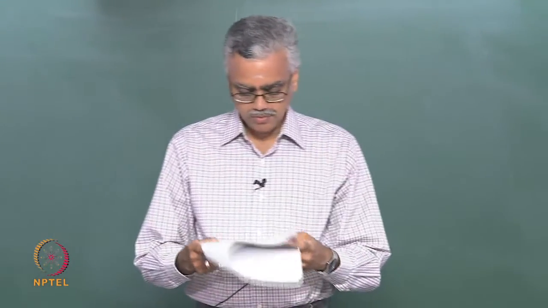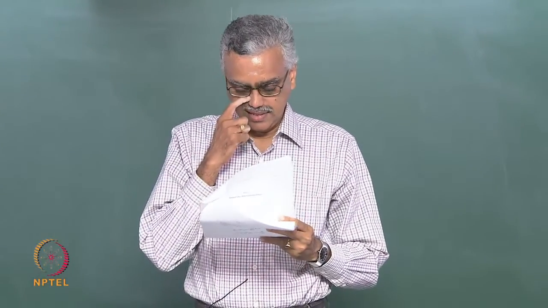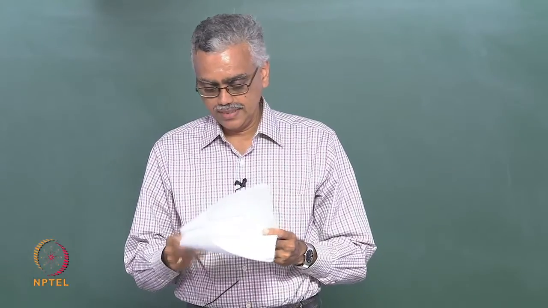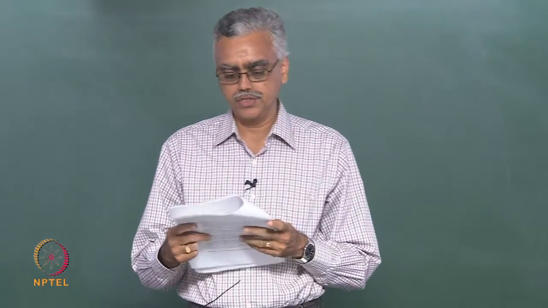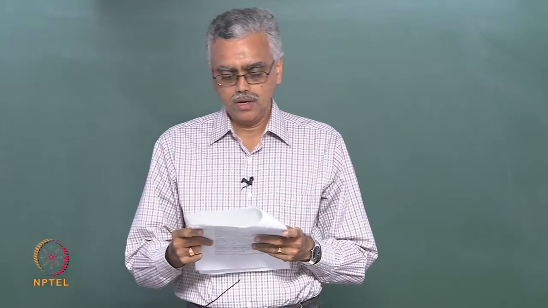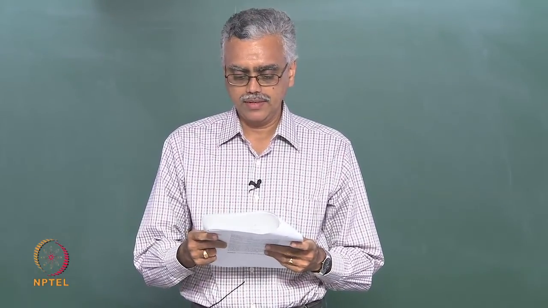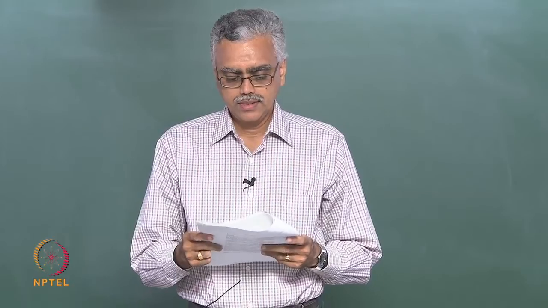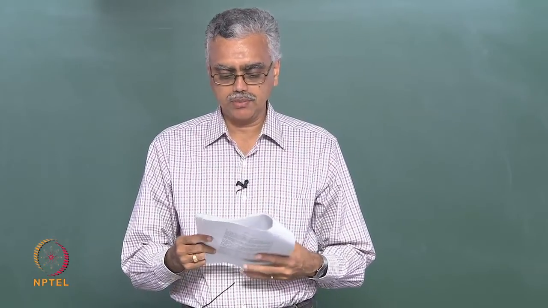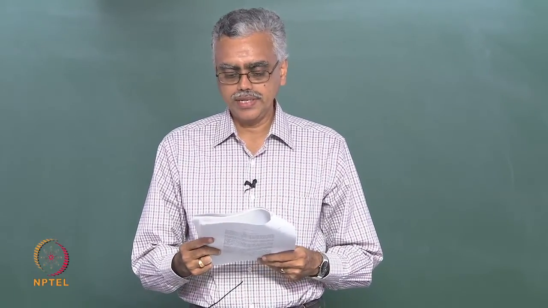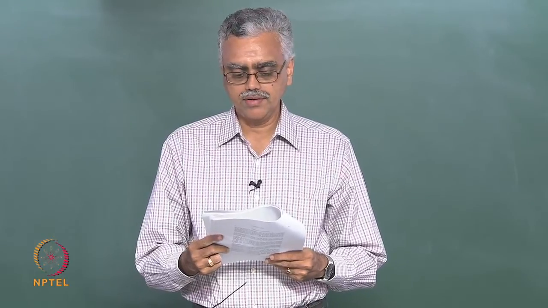So, the problem statement reads like this: a converging diverging nozzle with an exit to throat area ratio of 3.5 operates with inlet stagnation conditions 1 MPa and 500 Kelvin. Determine the exit conditions when the back pressure is A, 20 kilopascal and B, 500 kilopascal.